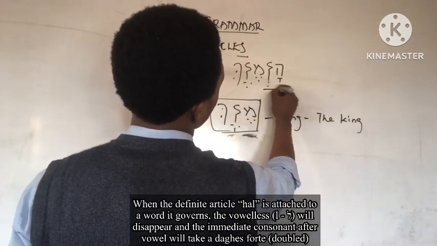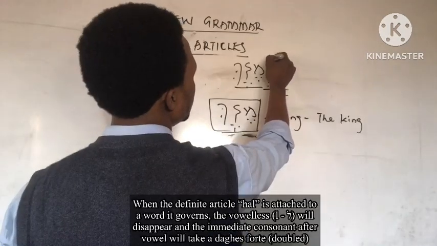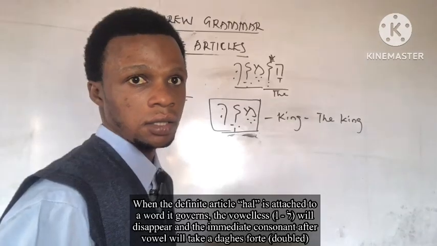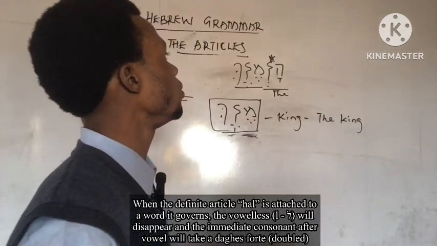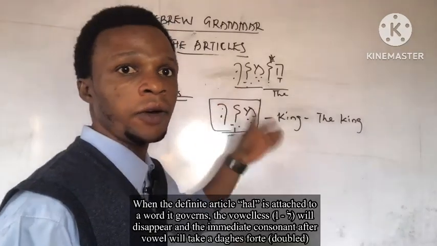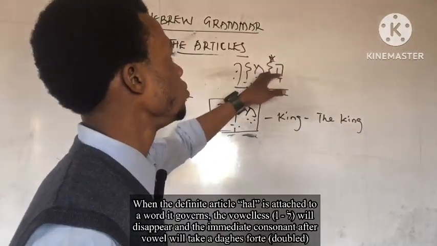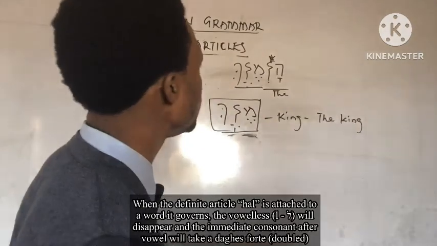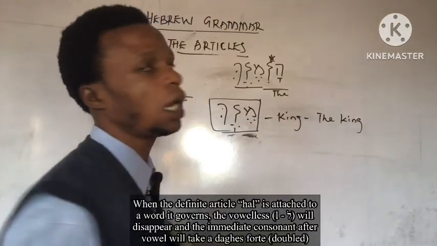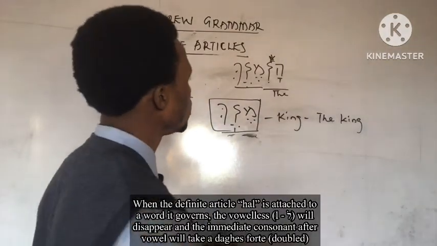Attaching it to the word it governs, this lamed must be removed because the lamed there is vowelless. That is why a shewa is attached under it. So, following this rule, this lamed must be removed, and in the process of removing the lamed, the following consonant, which is mem, must be doubled.